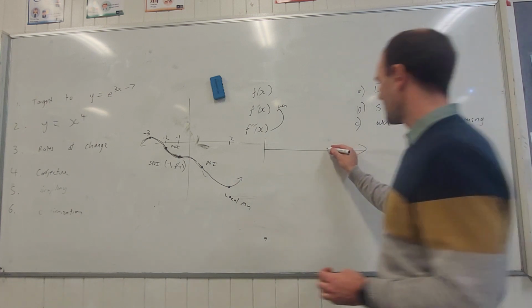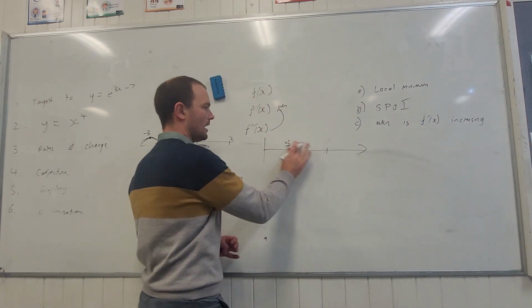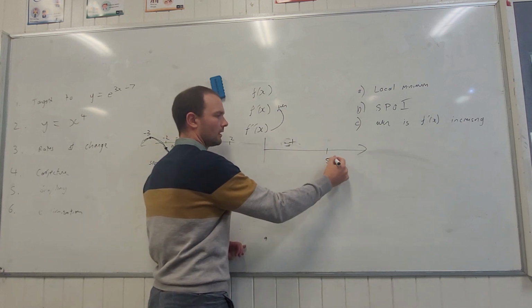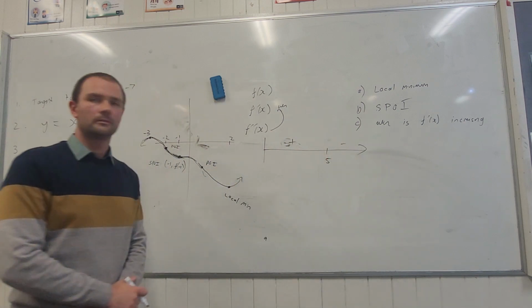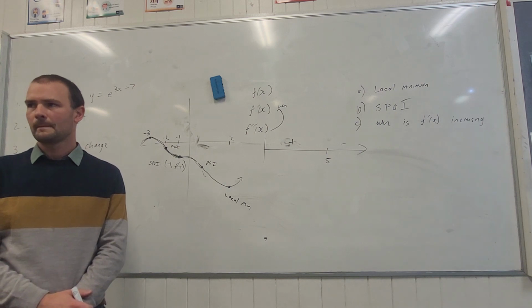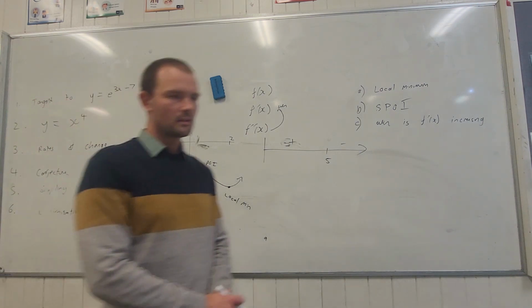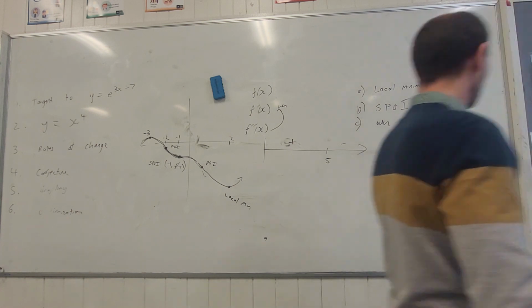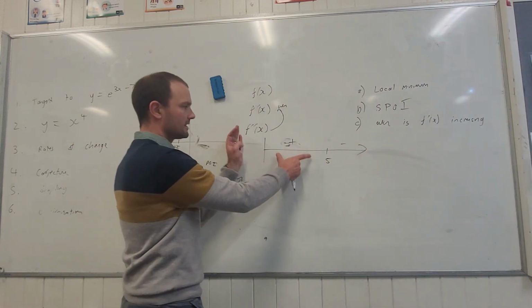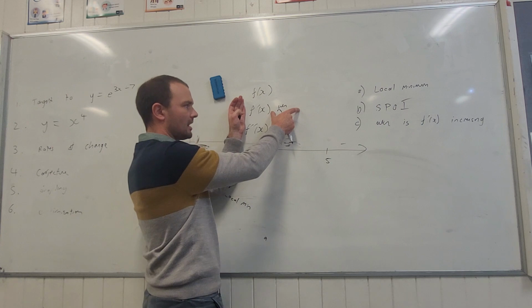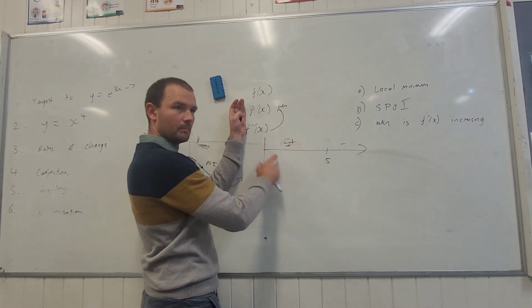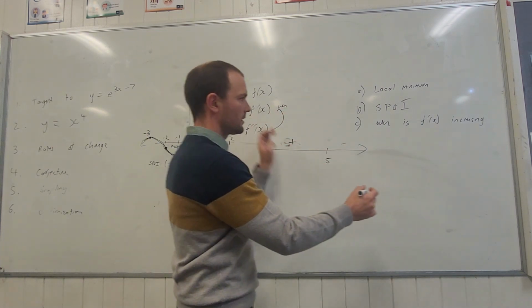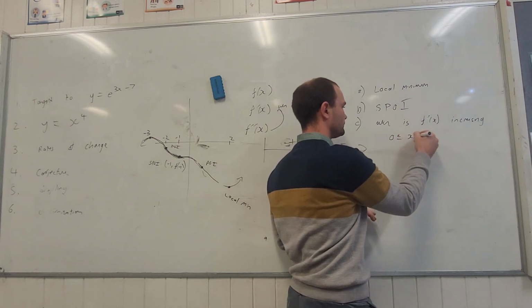So because it's concave up, it's going to be positive, and then it's concave down. The question says, when is f dash of x increasing? Well, the second derivative tells you when f dash of x is increasing, between 0 and 5. So that's our answer to part C.